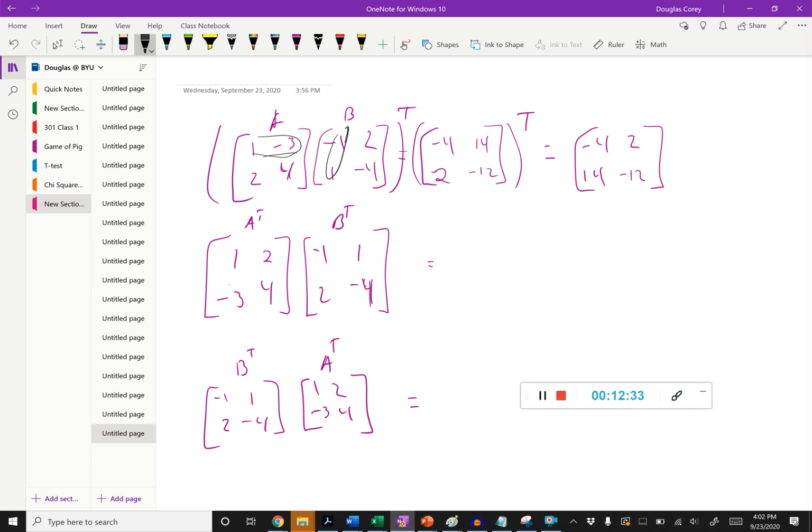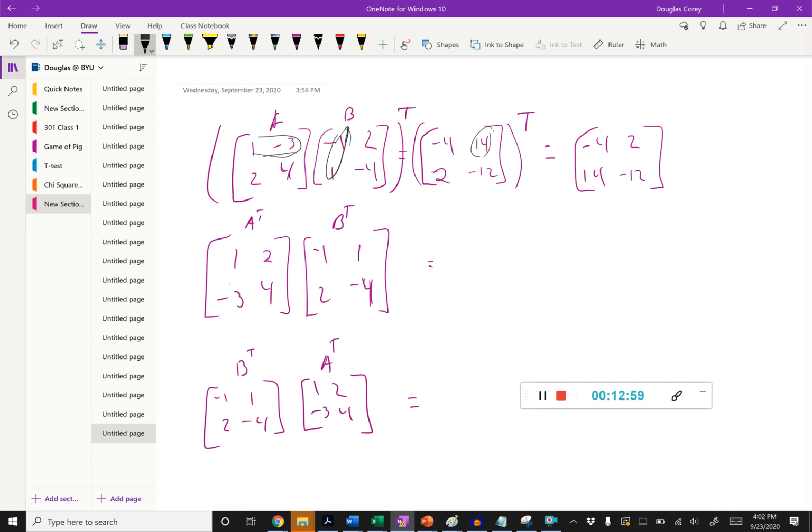So notice this needs to match up with that. That matches up with that. And we're going to come back to that when we try to make sense of this. So 1 times -3 plus 2 times -4 gets us 2 plus 12, which is our 14 over here. And then we can transpose that to get -4, 2, 14, and -12.